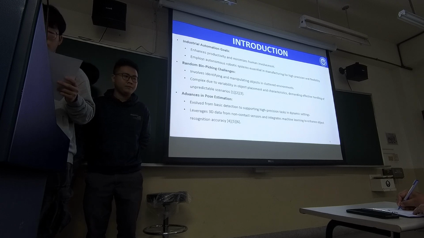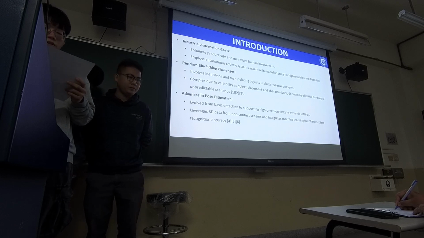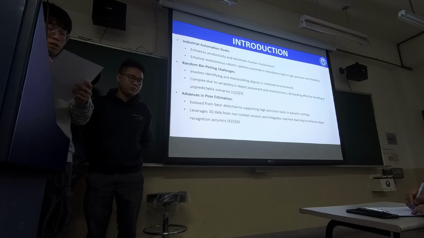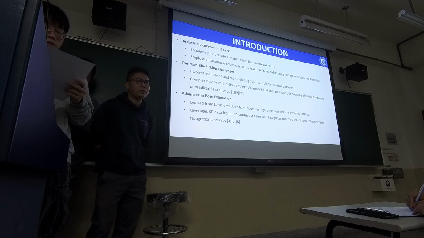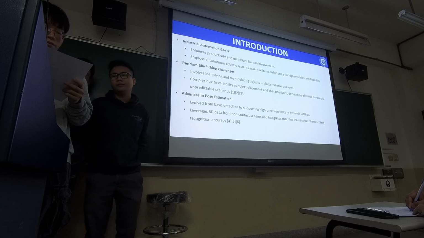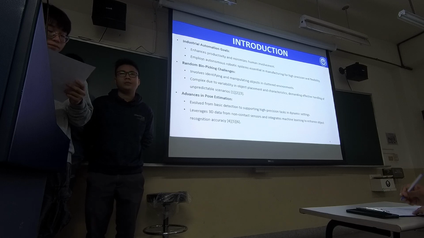The goal of industrial automation is pretty straightforward: boost productivity while reducing human involvement. Autonomous robotic systems play a key role in modern manufacturing because they deliver both high precision and reliability.